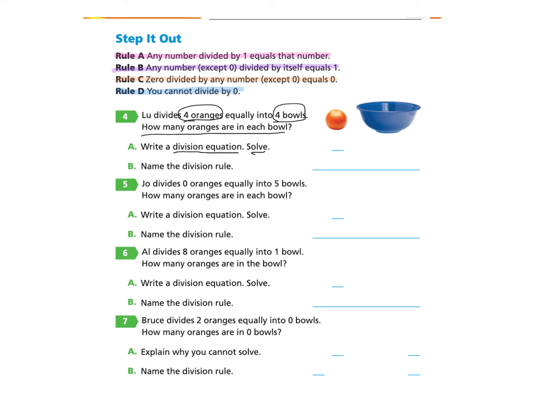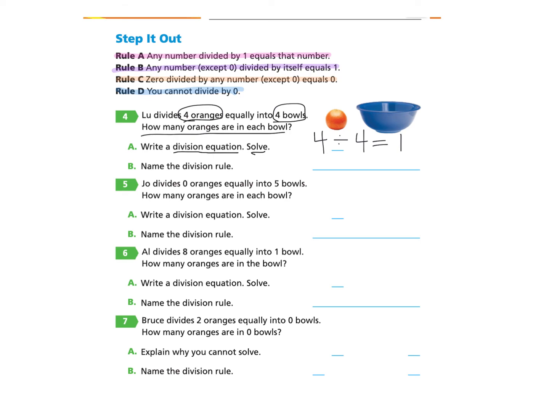So we have 4 oranges, and we are going to divide those oranges into 4 bowls. And if you need to draw a picture on the side, you're welcome to do that. But you will find that there's 1 orange in each bowl, and that is an equal representation of 4 oranges into 4 bowls. So we have written the division equation and solved it.